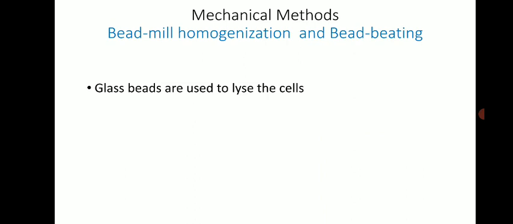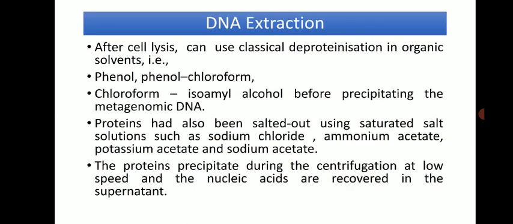Then next is beads. Here glass beads are used to lyse the cells, and the beads are mixed with the cell population, and beating or homogenization is carried out to break the bacterial cells or microbial cell population. So these are all about mechanical methods.